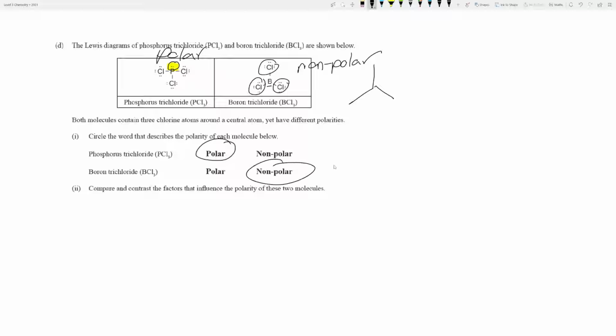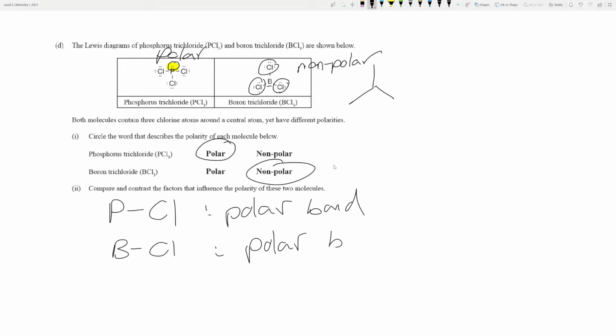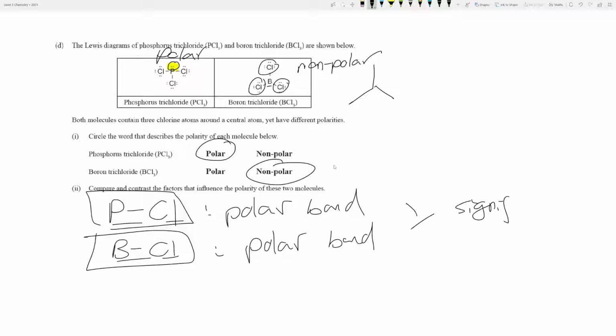What you need to talk about first is the polar bonds. Why is the PCl bond polar? Why is the BCl bond polar? These two bonds are always polar because they have different atoms. When you have different atoms, you will have what we call a significant difference in electronegativity.